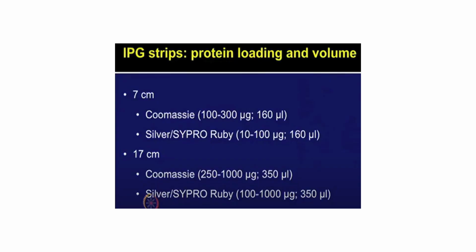Depending upon your need, you choose that. Similarly, the protein loading volume will change depending upon the strip. For example, for a 7 centimeter strip it can be approximately 160 microliters. If your strip is much bigger, then you would require 350 microliters.